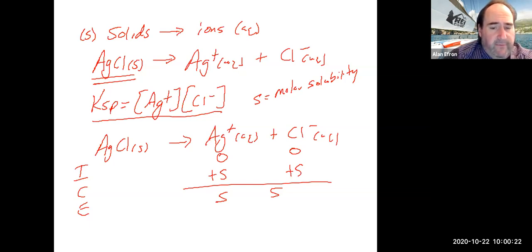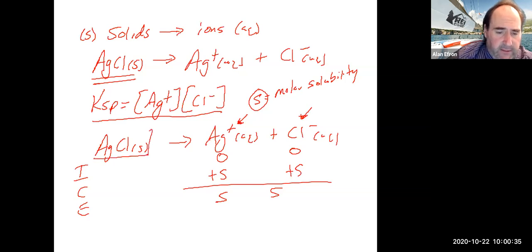We also saw that because of the stoichiometry involved, when you solve for S, although S may be considered the solubility of these individual ions, it will also be the solubility of the entire compound, as it's, in this particular example, a one-to-one relationship, which means you end up with the same value of S for the solubility of silver chloride. So that's how we could relate back to our whole thing. It usually is just the value of S when you get that.